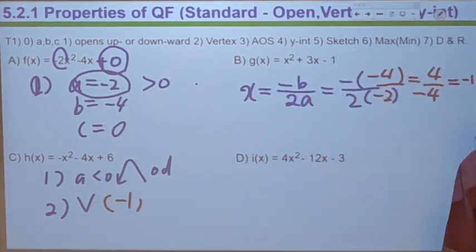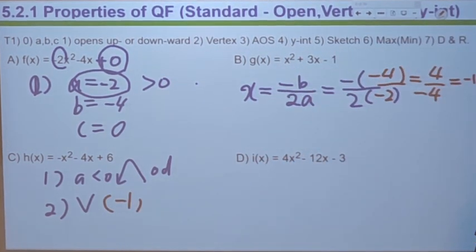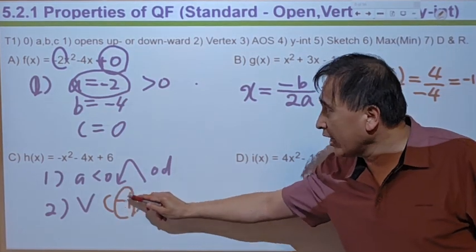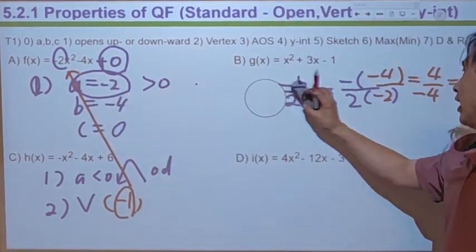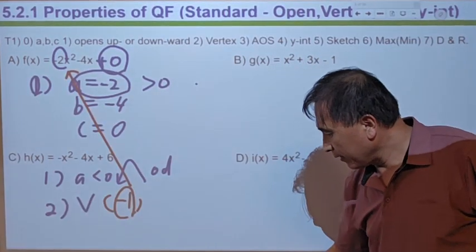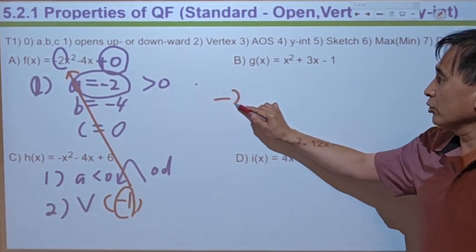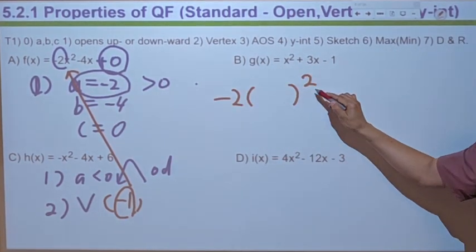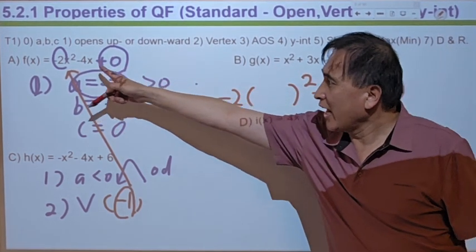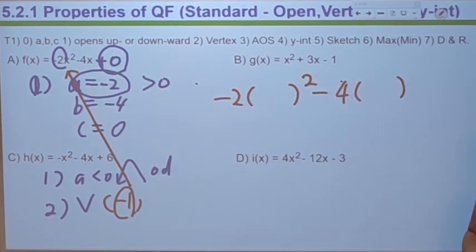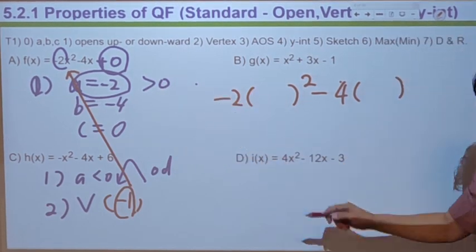I put it here. To find the y value, once you know the x value, you plug that back into the original. So after you find the x value, put that in: -2 squared, minus 4 times it. Instead of x, I just changed it to parentheses. I just copied it, right?